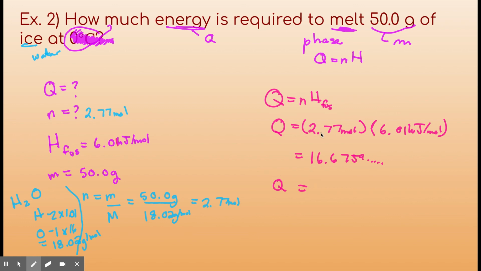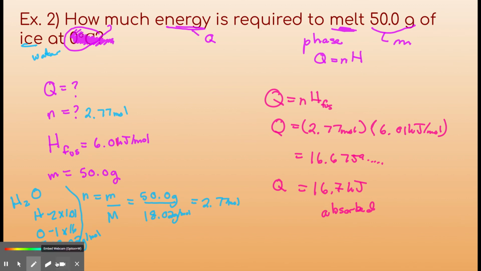Okay, so I have 3 here, H fus is 3, so 16.7. The units for energy here is kilojoules. And because you are melting, the energy is going to be absorbed.